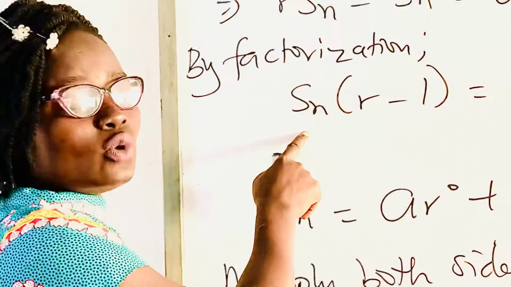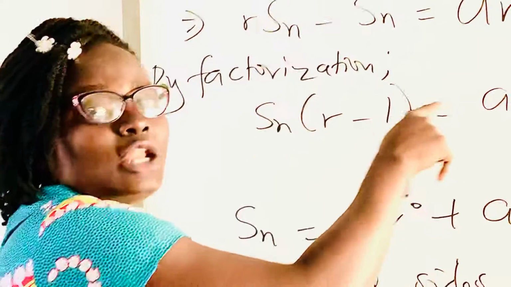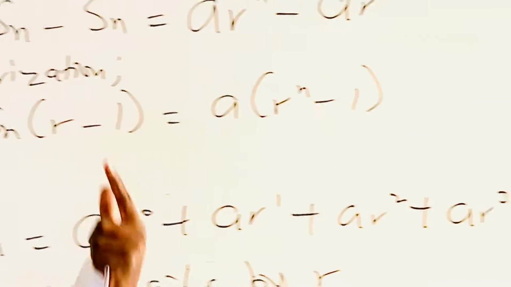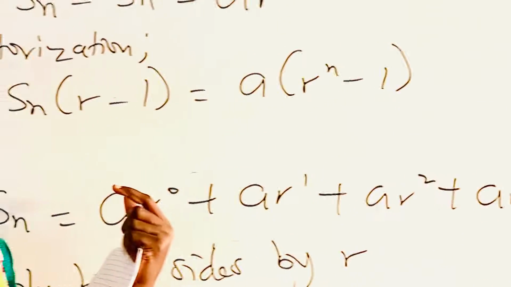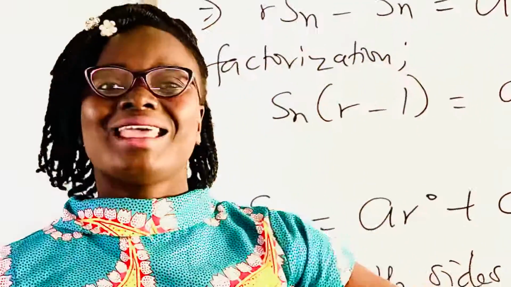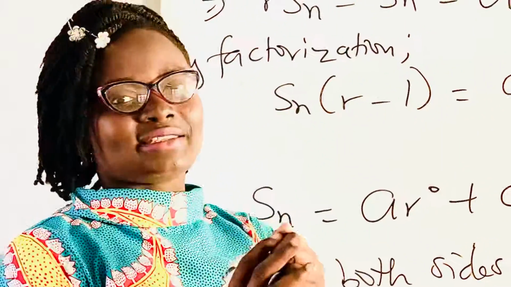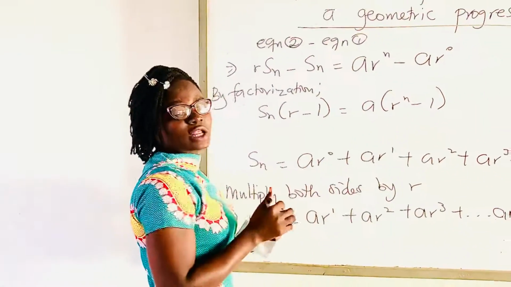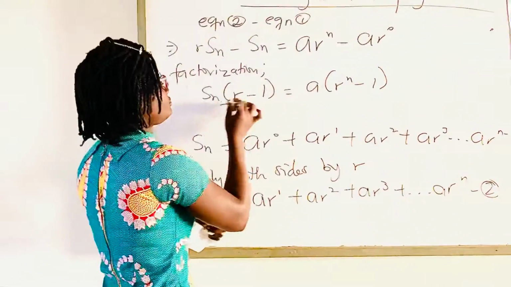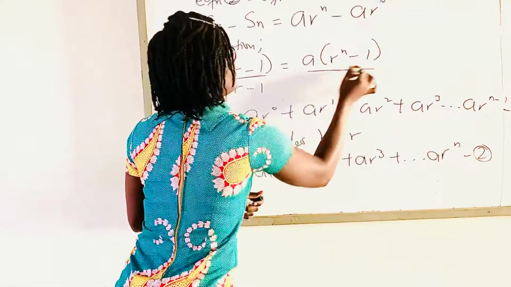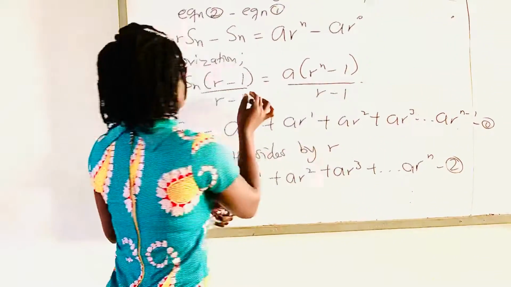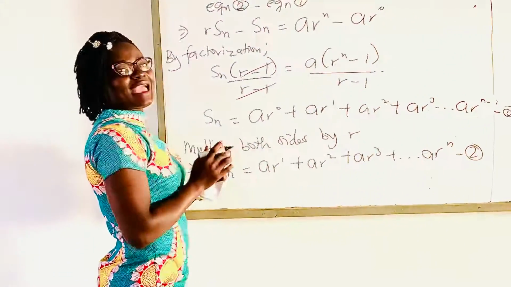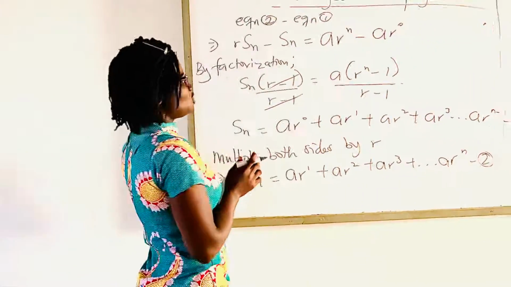So what do we do? We divide both sides of the equation by the coefficient of Sn, or by anything attached to Sn. This is attached to our Sn, so we are going to divide both sides of the equation by that. Then we cancel out to make Sn stand on its own.